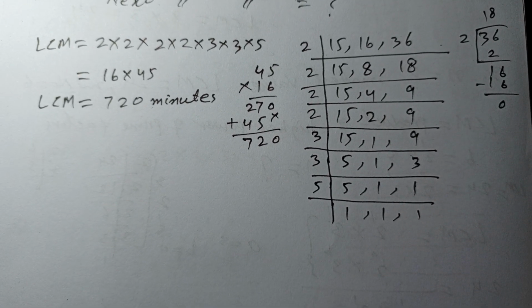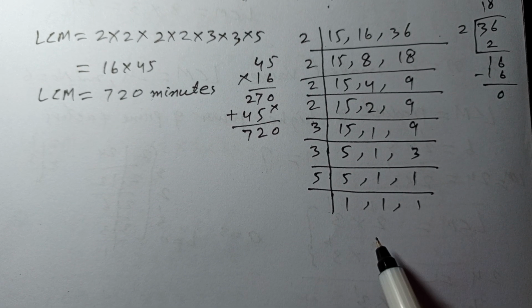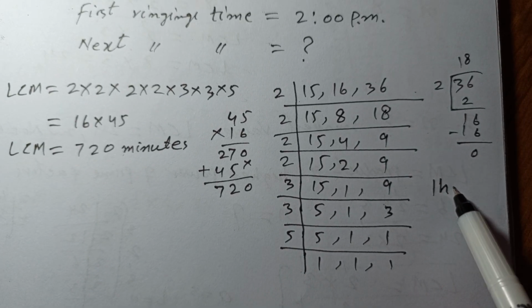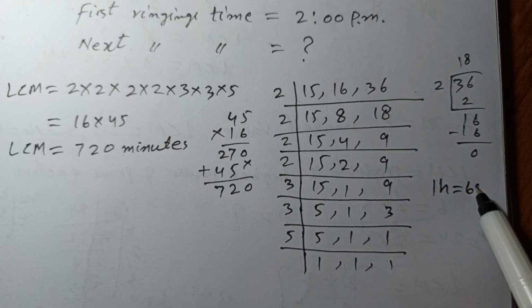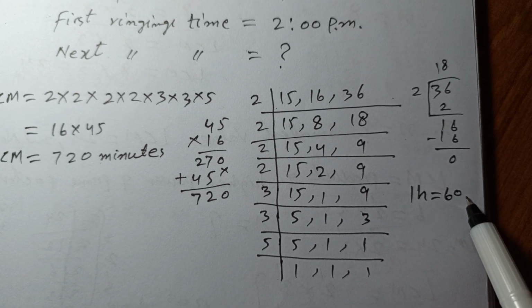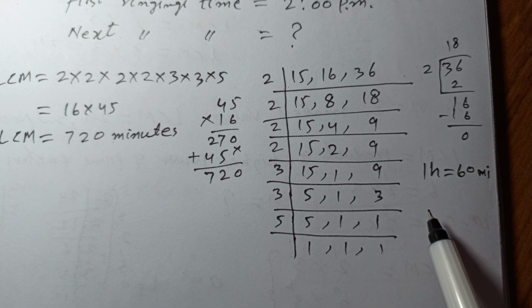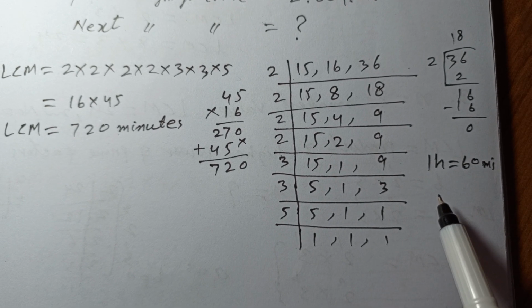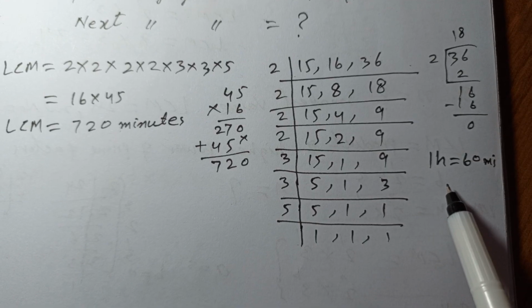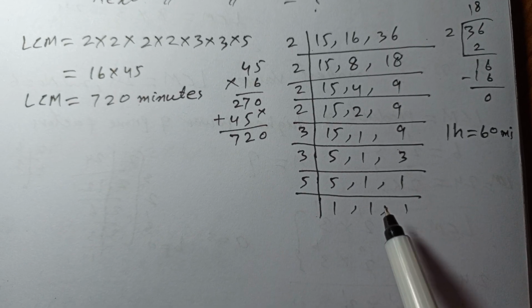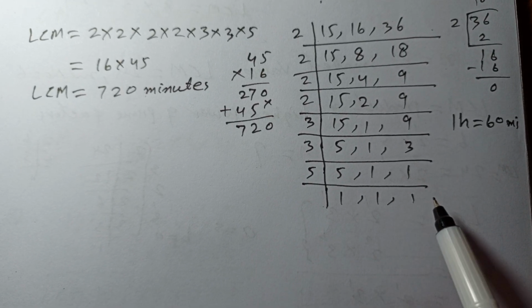We will see how many hours are there in 720 minutes. For this we should remember that we know 1 hour is equal to 60 minutes. As 1 hour is equal to 60 minutes, how many hours will be there in 720 minutes? We have to know this.